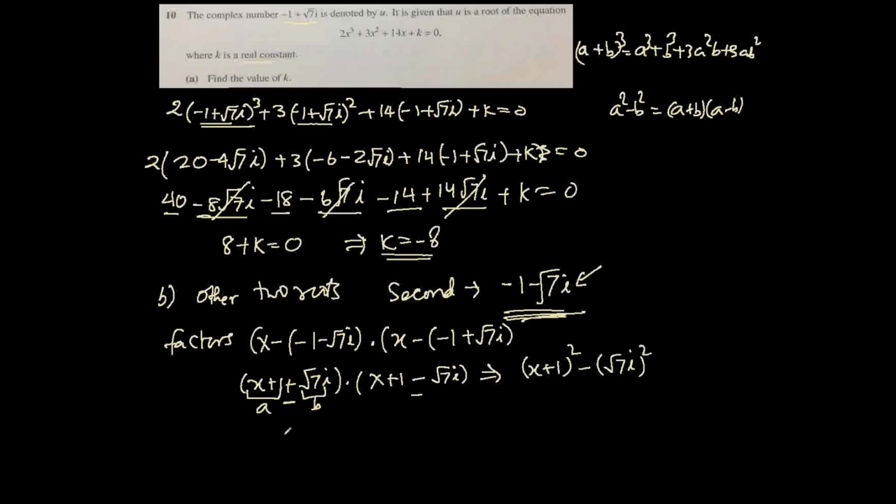So let's open this up. x square plus 2x plus 1, that is the expansion of this, minus 7i square, and i square is minus 1, that will be the expansion of this one, which is plus 7. So what do we get? x square plus 2x plus 8. This is the multiplication of the two factors we already know.